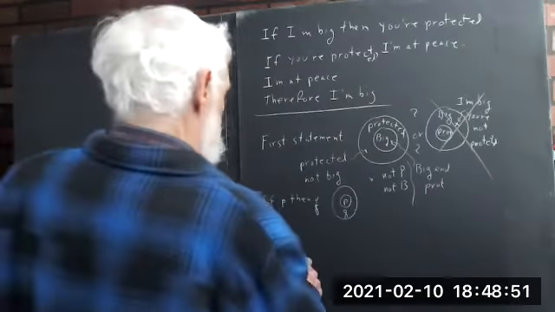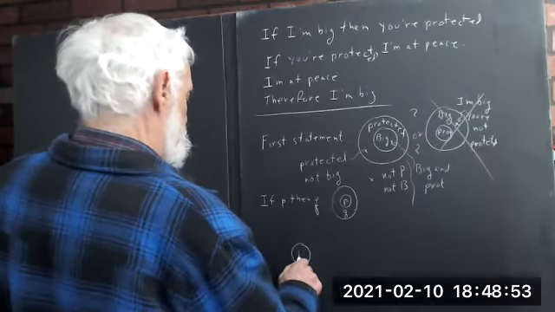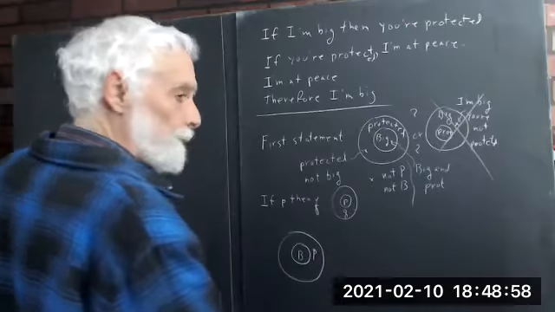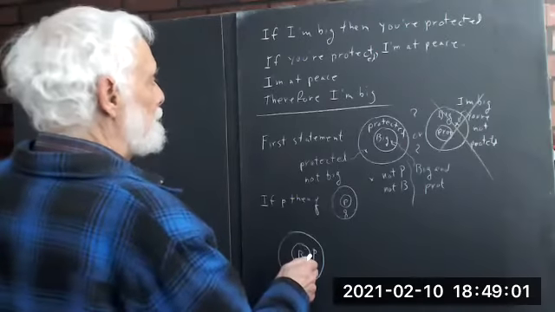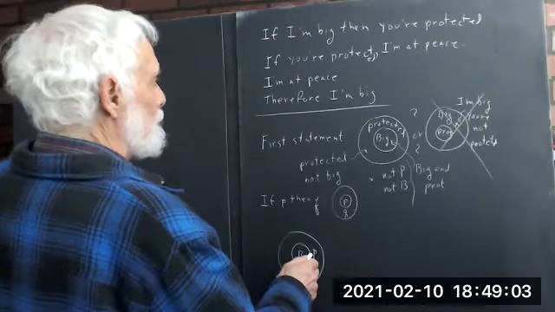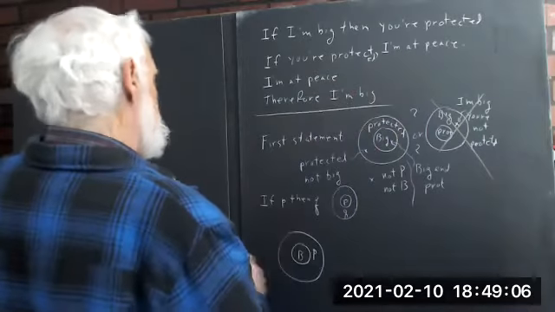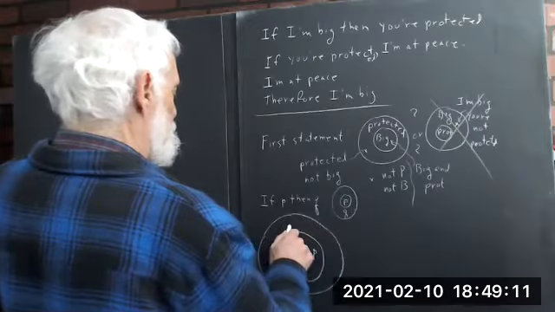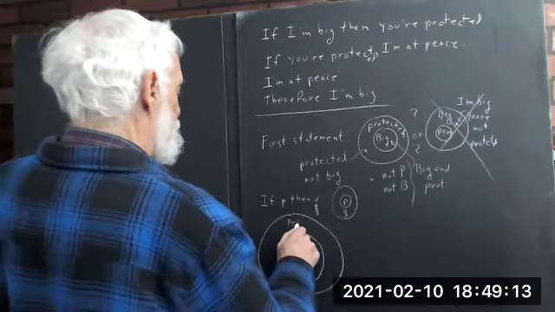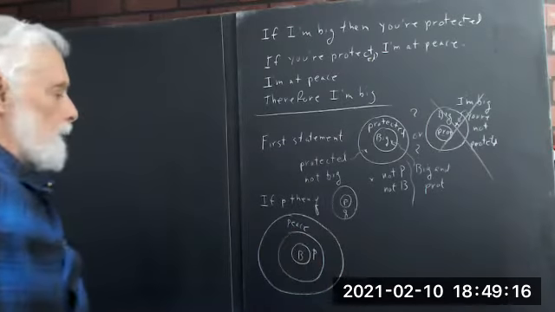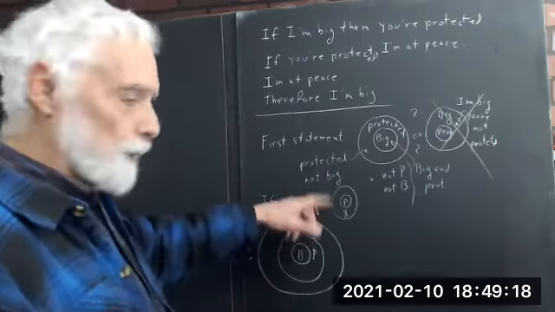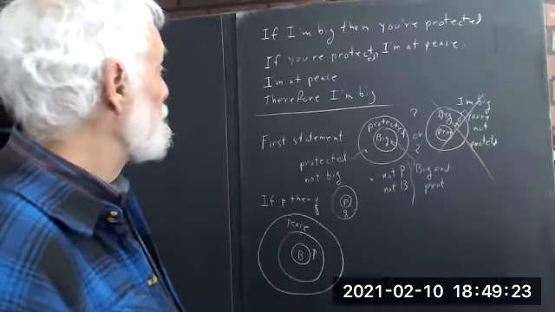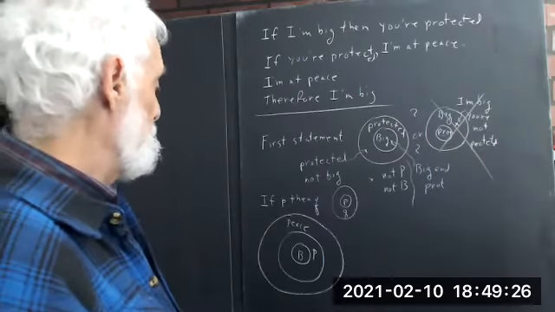So now we have I'm big, you're protected. And if you're protected, I'm at peace. And I shouldn't have used a P word here, but since I did. If you're protected, I'm at peace. This is the way it always looks. If this, then this. If this, then this. Okay.